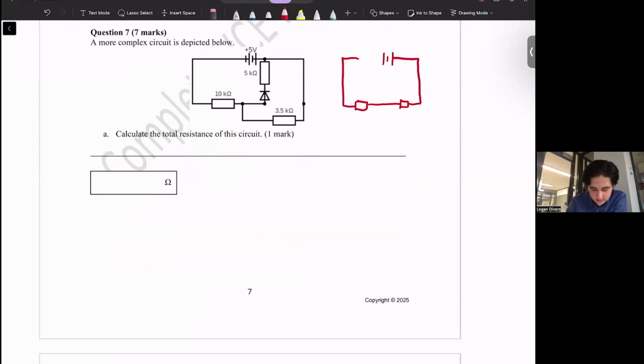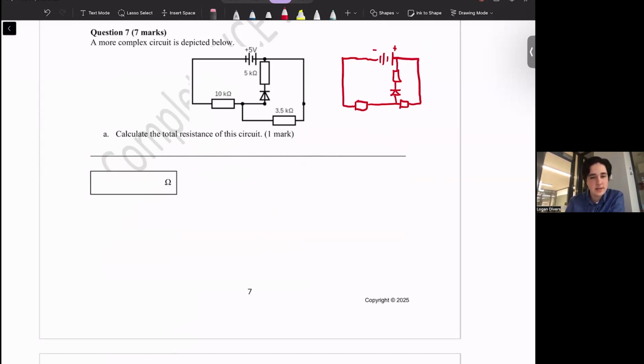Here's your battery. And then in between that, you have a diode here that is going to another resistor that goes straight. It's a positive, it's a negative.